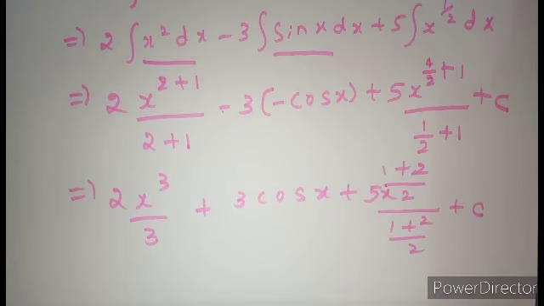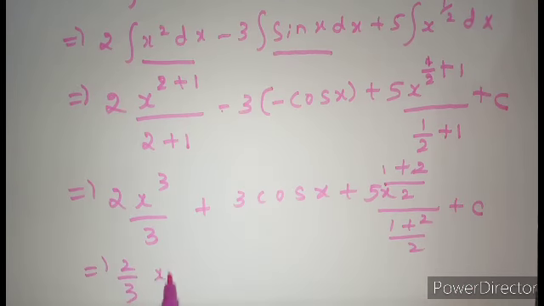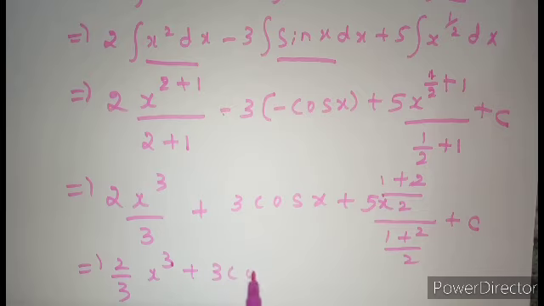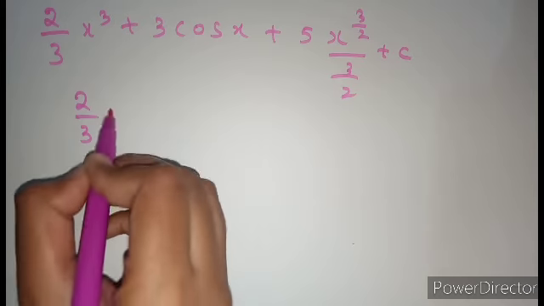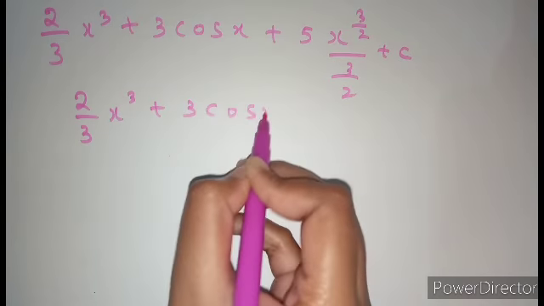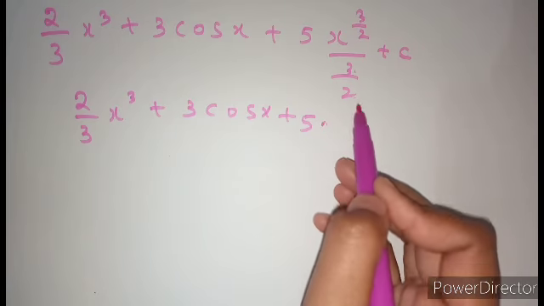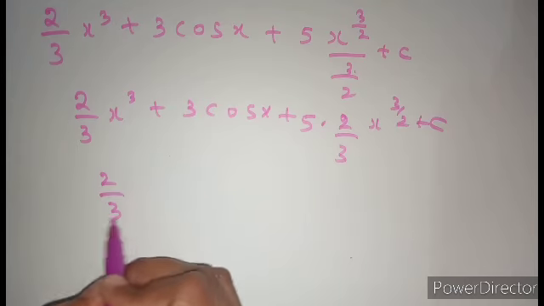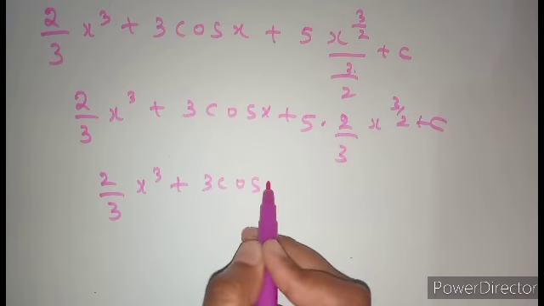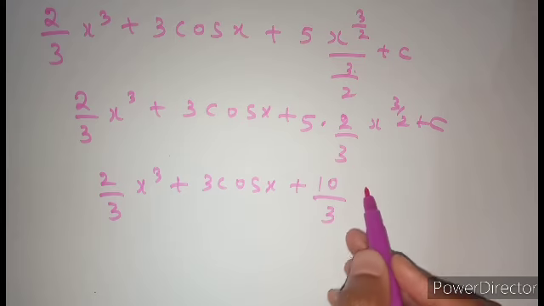This implies 2 by 3 x cube plus 3 cos x, 5 as it is. Now take the reciprocal: 3 by 2 becomes 2 by 3, x to the power of 3 by 2 plus c. So 2 by 3 x cube plus 3 cos x, 5 twos are 10 upon 3 x to the power of 3 by 2 plus c.